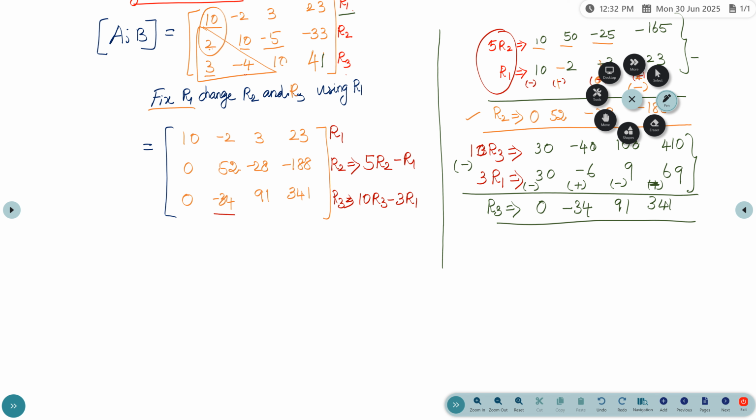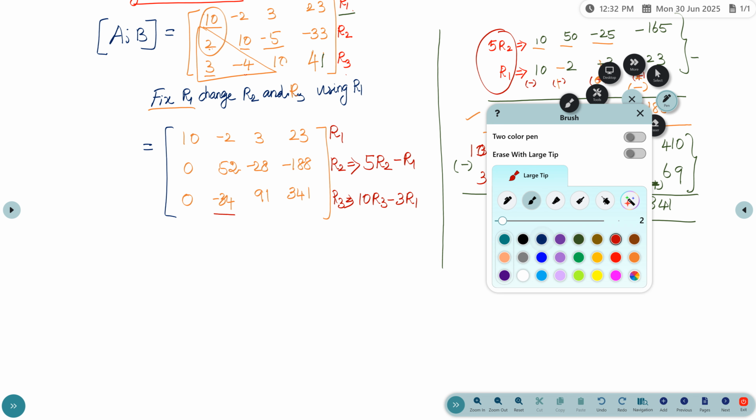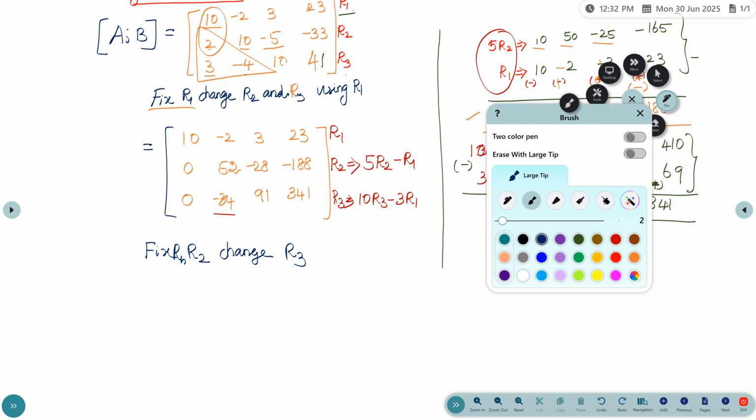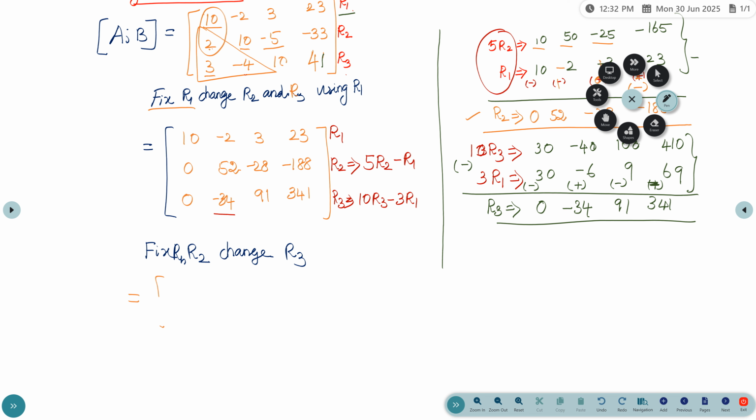So for this, you have to fix R2 and change R3. So we are fixing R1 and R2, taking the values without any change from the previous matrix.